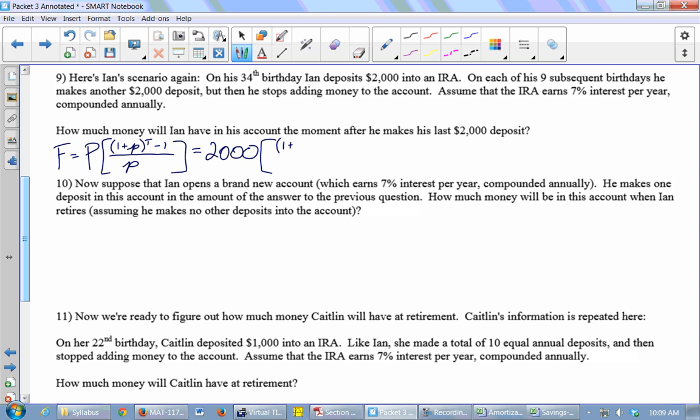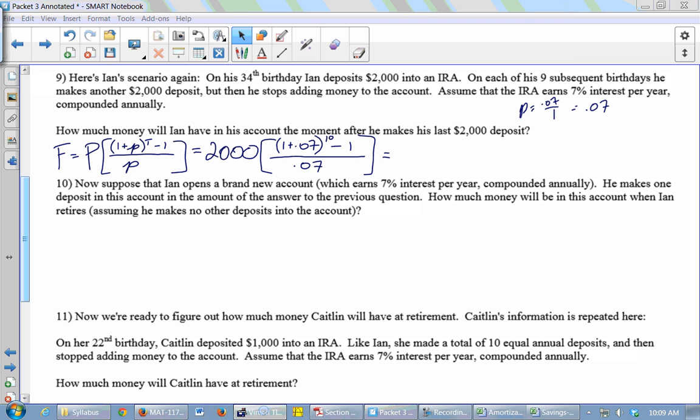And how many payments is Ian making a year? Each year, 1. So little p is 0.07 divided by 1, because there's only 1 payment per year, so it's just 0.07. And capital T is 10, 10 total payments. And then we're going to do minus 1 over little p, and we'll see how much this is.